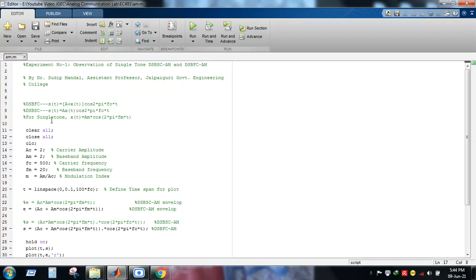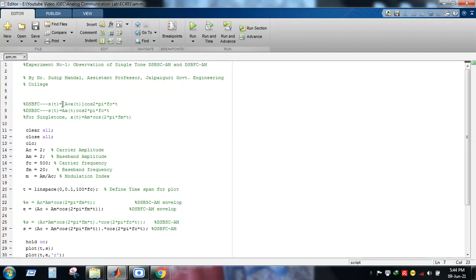Moreover, as we are considering single-tone modulation, where only a single frequency is present and the signal is pure sinusoidal, you can express x(t) as Am into cos 2 pi fmt, where Am is the baseband amplitude and fm is the baseband frequency. Moreover, let's remember that A plus x(t) is nothing but the envelope of the corresponding signal.